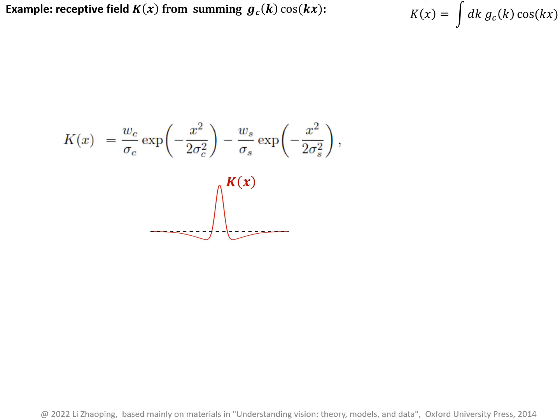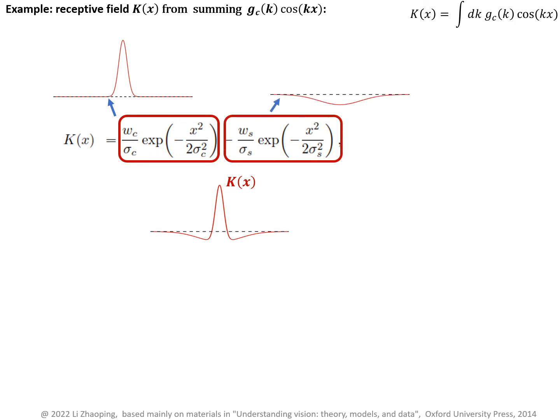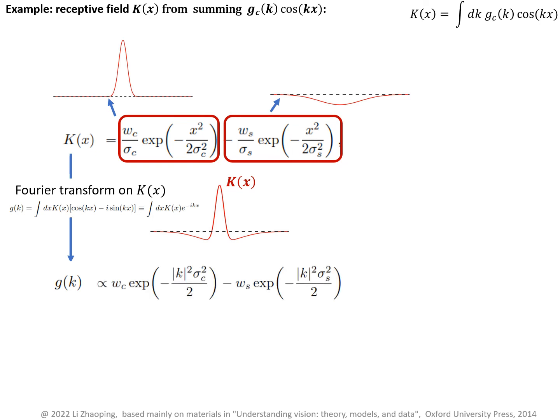When our receptive field Kx is modeled as a difference between 2 Gaussians, with this center Gaussian and this surround Gaussian, the contrast sensitivity function Gk as a function of spatial frequency k is obtained by Fourier transforming on Kx. And we again get a difference of 2 Gaussians.